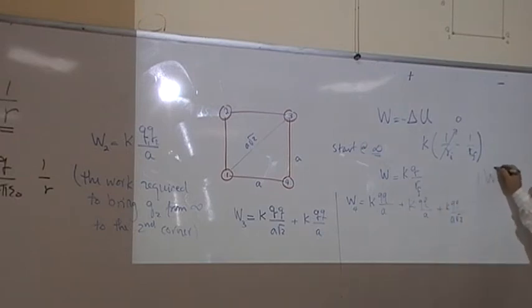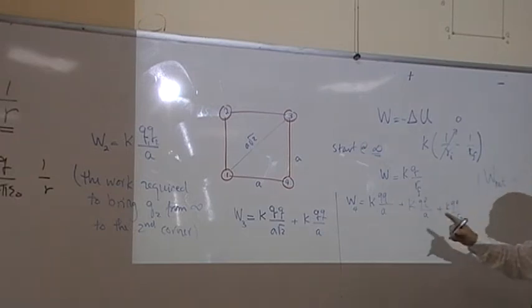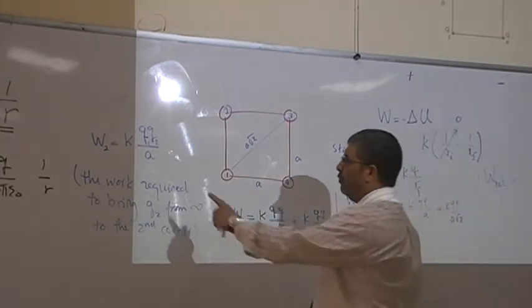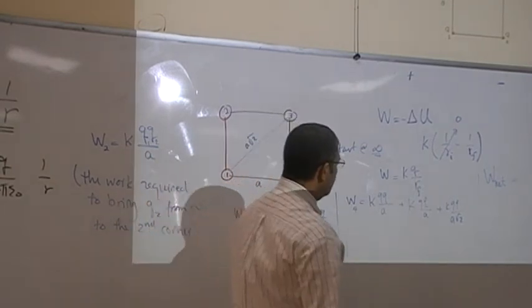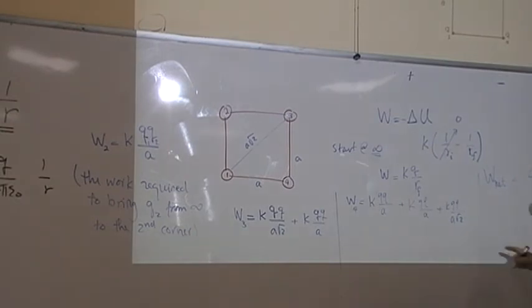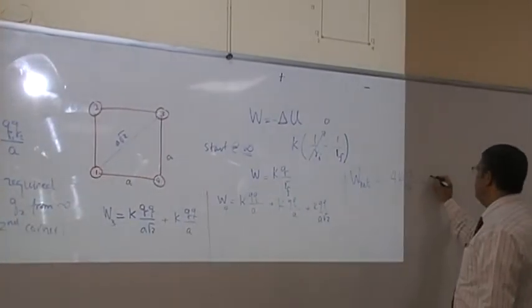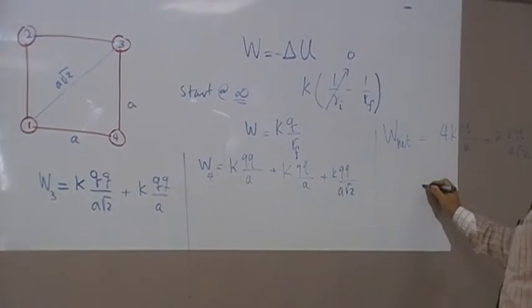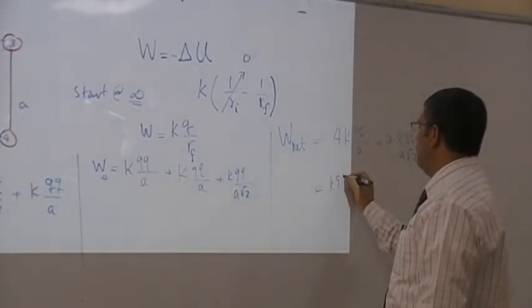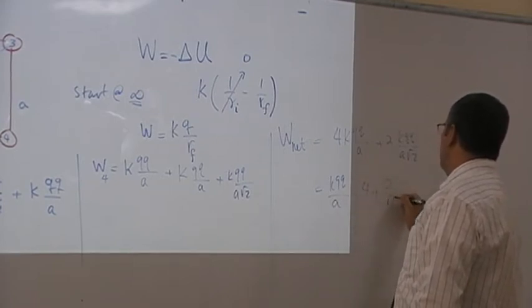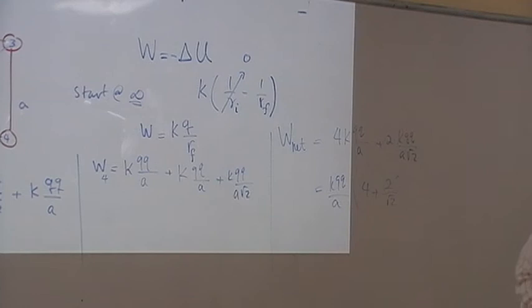So the net work is this plus this plus this. I have 1, 2, 3, 4, so that means 4 K, Q divided by A, plus I have 2 of these, 2 K, Q divided by A square root of 2. I can take K, Q divided by A out, and then I have plus 4 over the square root of 2.